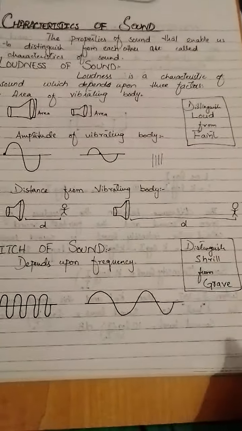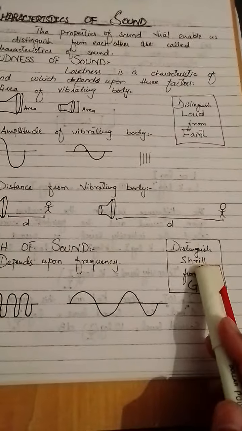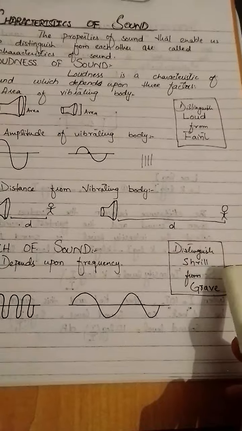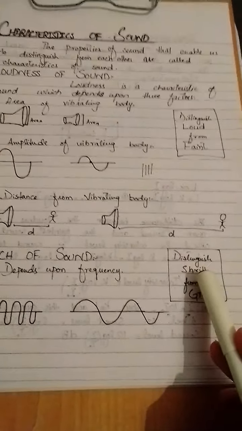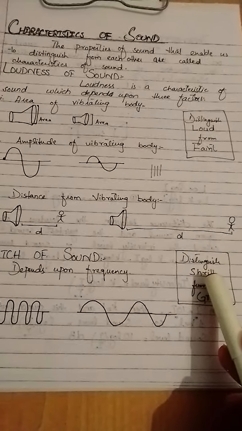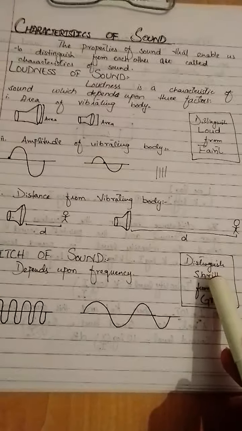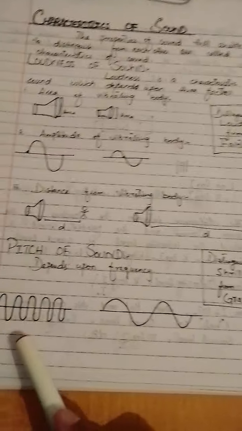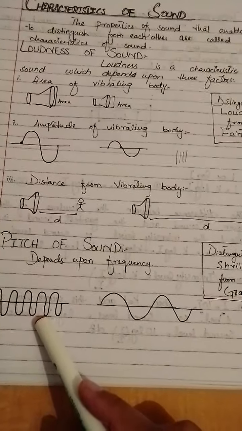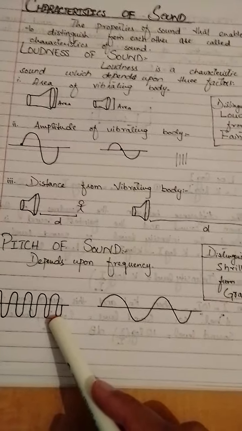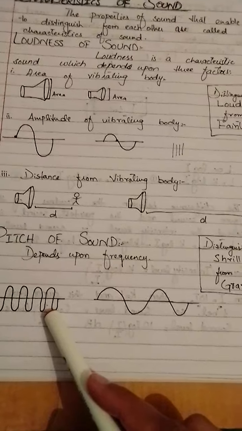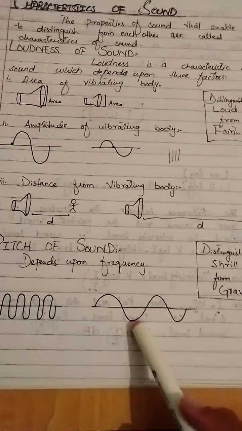What is a shrill sound? The sound of a girl, of birds, these shrill sounds are of higher frequency. Okay, this higher frequency enables us to distinguish from lower frequency.